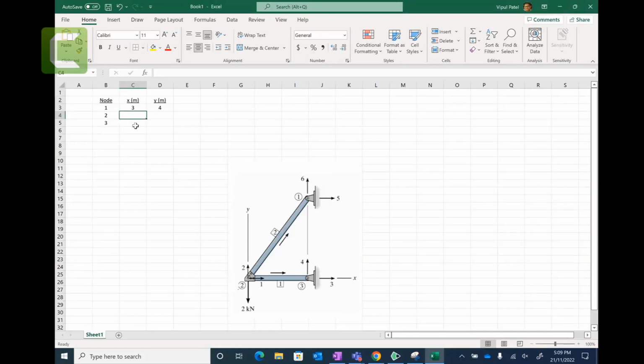You can see from this figure that this is your starting point 0, 0. This is 3, and this is 4. So this is 3, 4, and node number 3 is 3 and 0, X and Y.